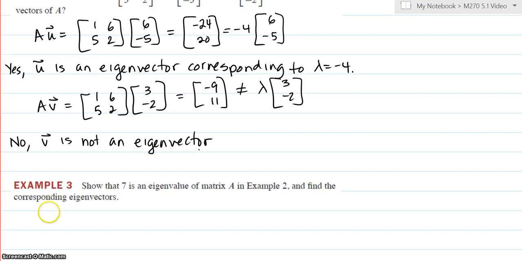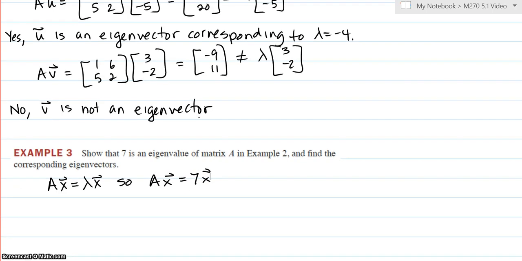We know that Ax better equal lambda x. Since lambda is 7, we would have Ax equals 7x. We can solve this equation by subtracting the 7x from both sides.